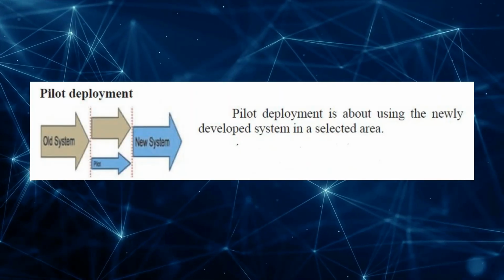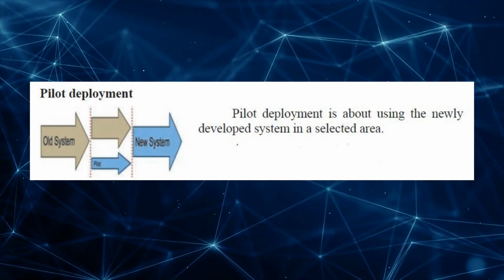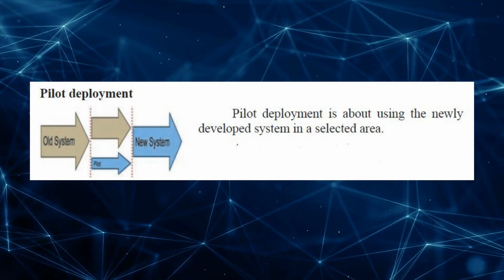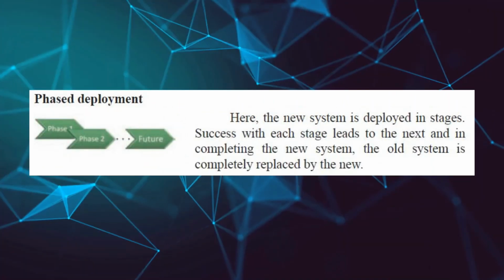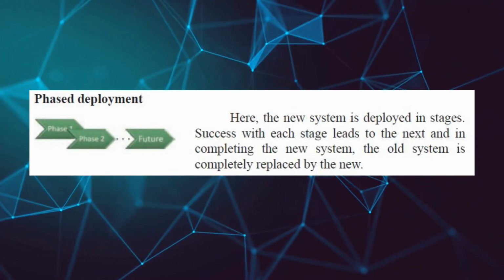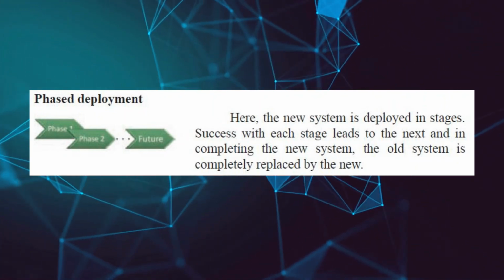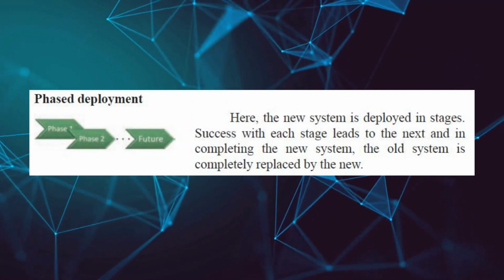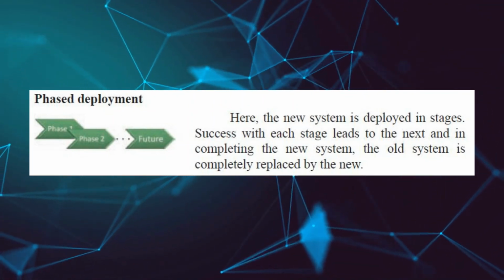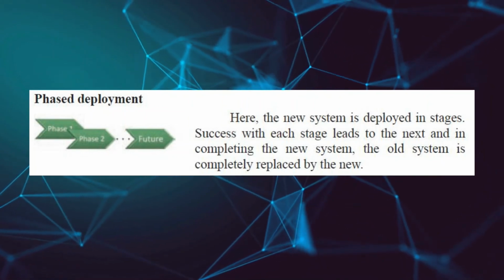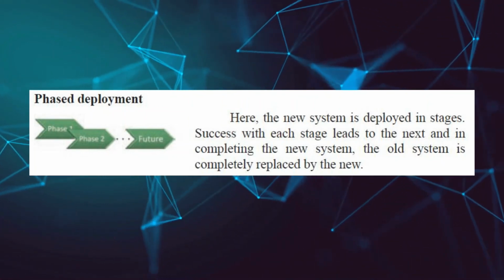Pilot deployment is about using the newly developed system in a selected area. In phased deployment, the new system is deployed in stages. Success with each stage leads to the next, and in completing the new system, the old system is completely replaced by the new.